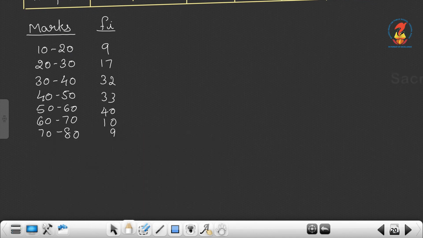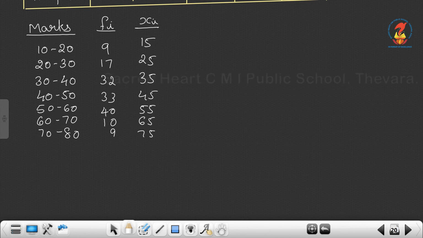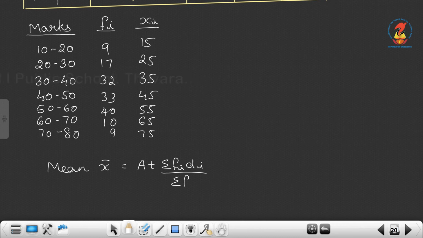Now we need xi, the mid value: 15, 25, 35, 45, 55, 65 and 75. Then the mean x bar is equal to, using the step deviation method, a plus sigma fi di by sigma fi into h. So what is the total frequency? 150.